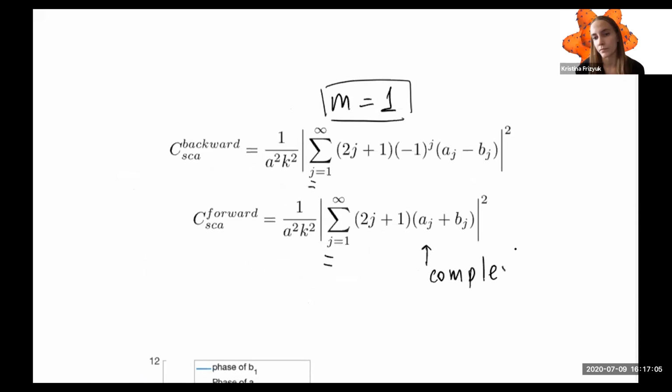You will obtain forward scattering, and if they are in antiphase, so A equals minus B, you will obtain backward scattering.